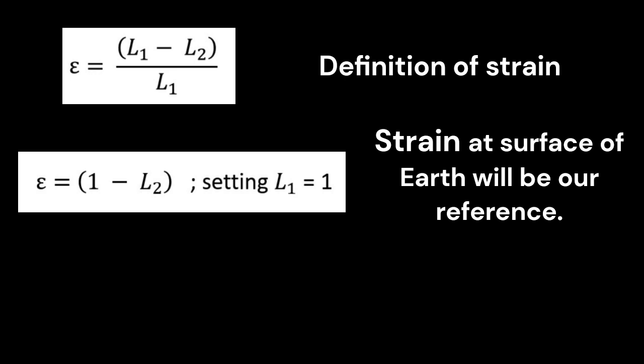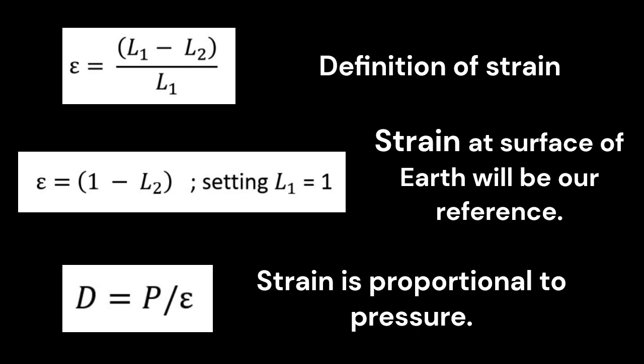So in that case, the strain is 1 minus the new length, the shorter length. And we're also going to assume that strain is proportional to pressure. That is generally how it works. The shortening of the material, the shortening of the particles is due to the pressure on the particle and directly proportional.